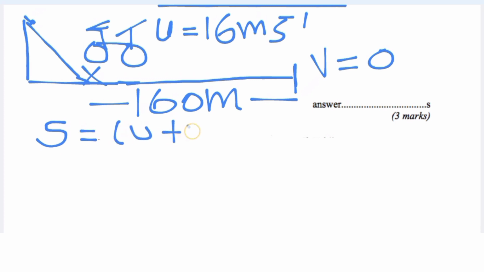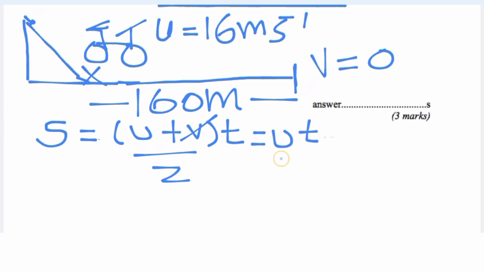So it is s is equal to (u plus v) times t divided by 2. So now we can find t, right? Because the three known are here and t is unknown. All right, so v is 0, so we can make it 0. So ut divided by 2 is equal to s, right?